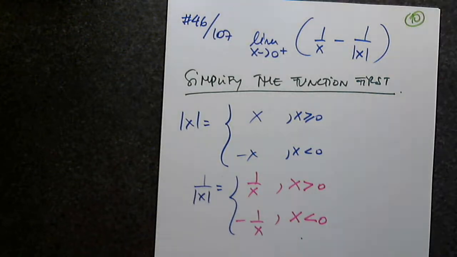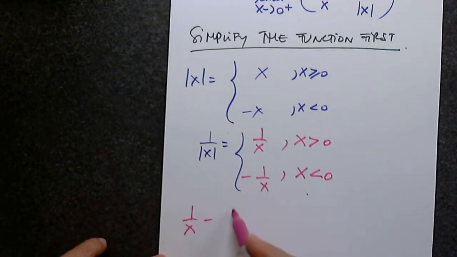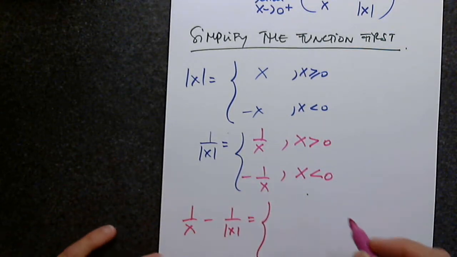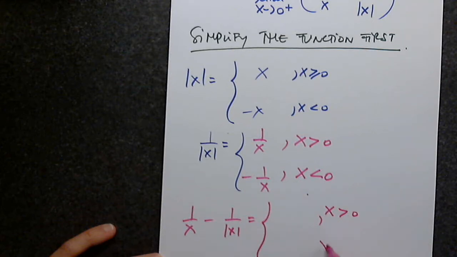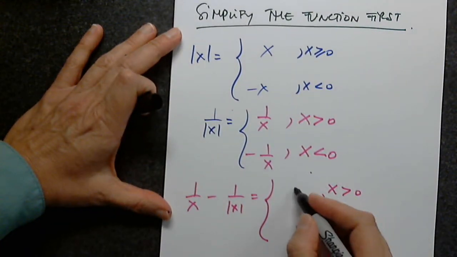Okay, perfect. Now let's put the entire function together. 1 over x minus 1 over the absolute value of x. Carefully give me two options, for x greater than 0 and for x less than 0. Which is? Excellent.